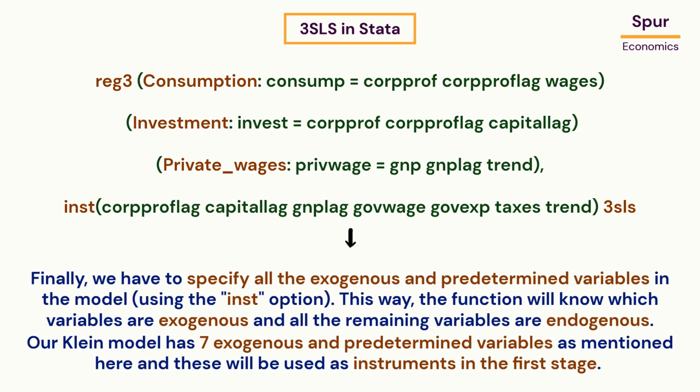Finally, we have to specify all the exogenous and predetermined variables in the model. This way, the function will know which variables are exogenous and all the remaining variables are endogenous. Our Klein model has 7 exogenous and predetermined variables as mentioned here, and these will be used as instruments in the first stage.